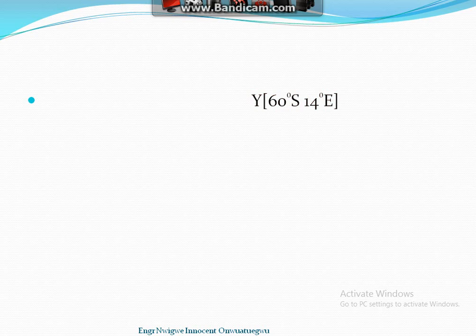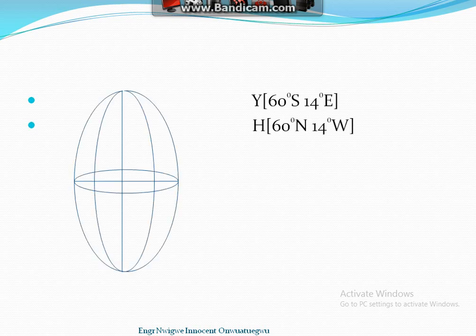You see, they have different Cartesian coordinates, that is south and north for the latitude and east and west for the longitude. Therefore, for Y, we use our protractor to measure out 60 degrees on the equator and draw the straight line. On the small circle, we locate the point 14 degrees west.